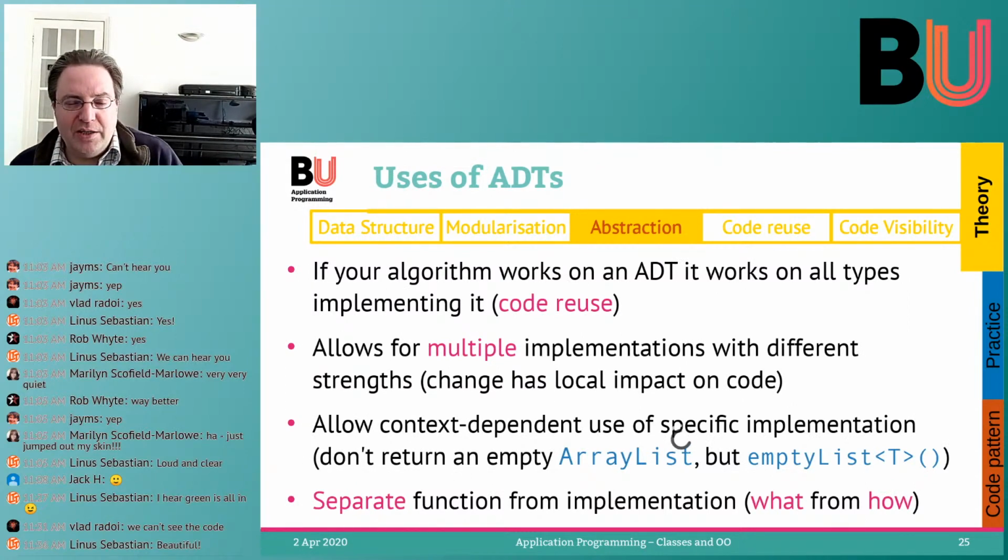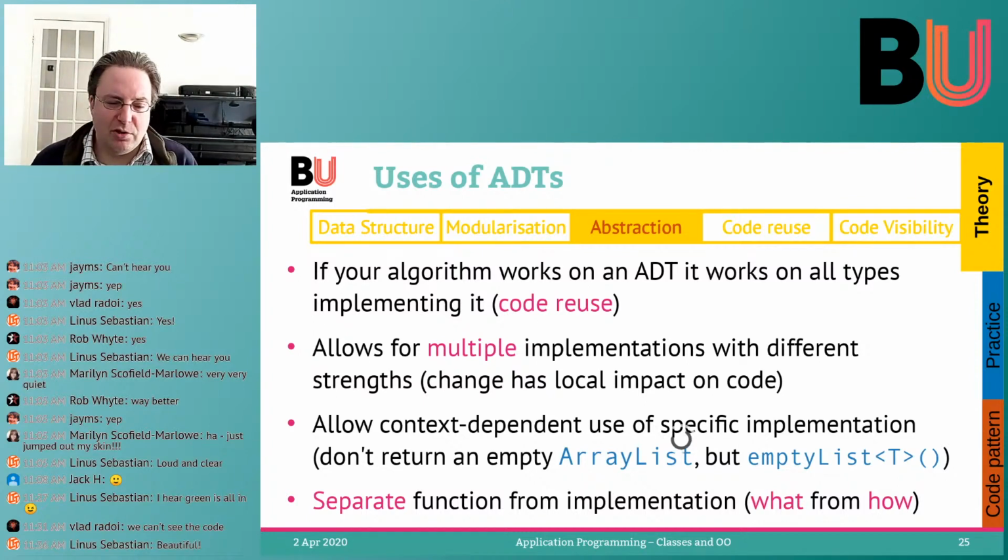And it's also nice if you have these abstractions, these interfaces that you can document. Basically what you can say is, okay, if it works on the interface, it should work on all implementations. In Java you see it with the list types, etc. And we can even have multiple implementations that have different strengths. Or if we're talking about databases, we have different database interaction classes that work for different database types.